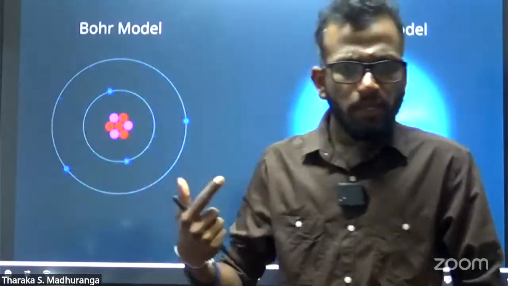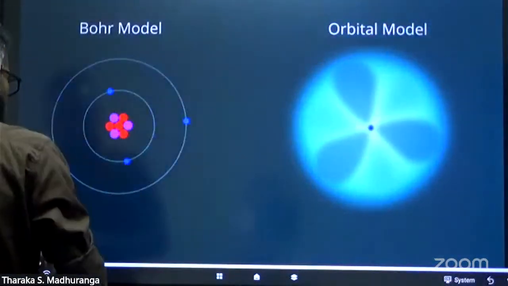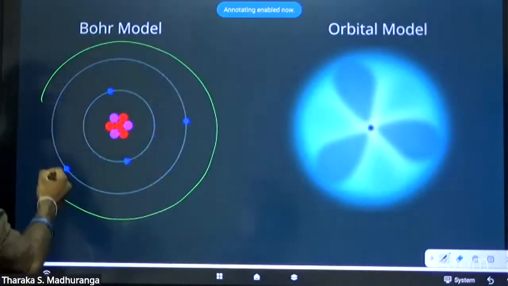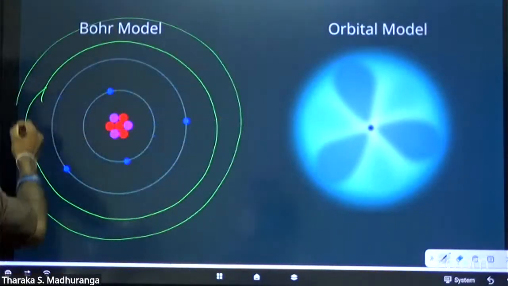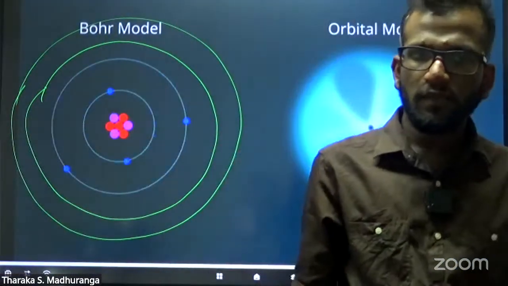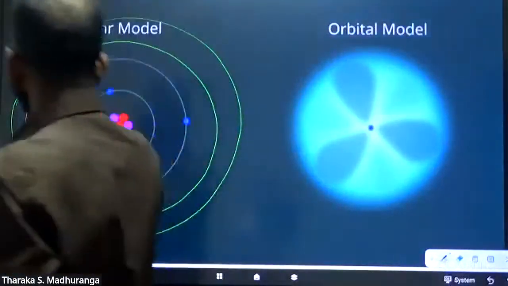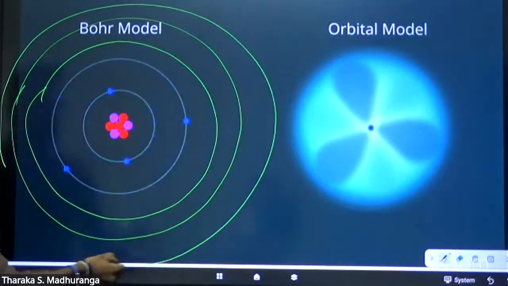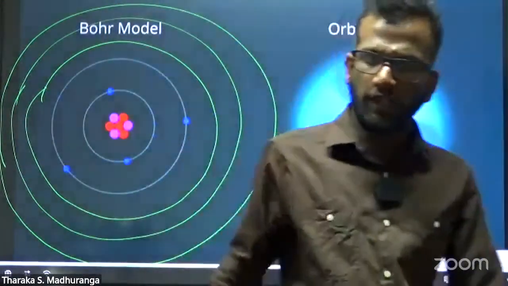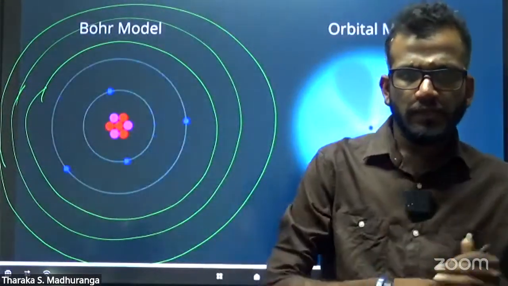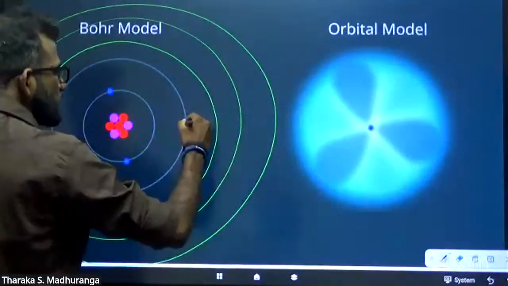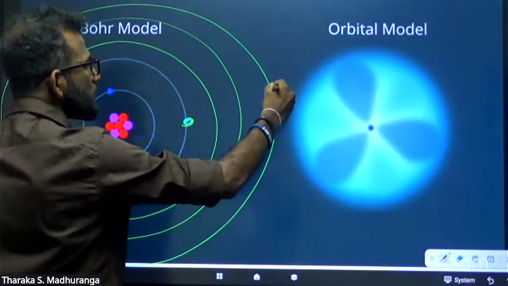Now tell me, when the energy level increases, is this attraction increasing or decreasing? In biomolecule lessons, we discuss these basic things in molecules. Think this is one electron. There is another electron here.